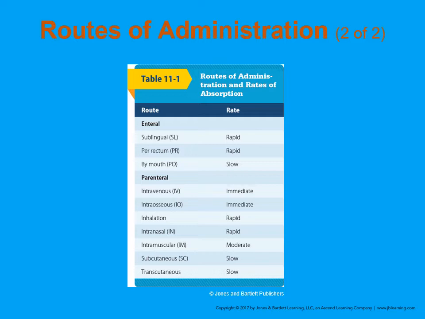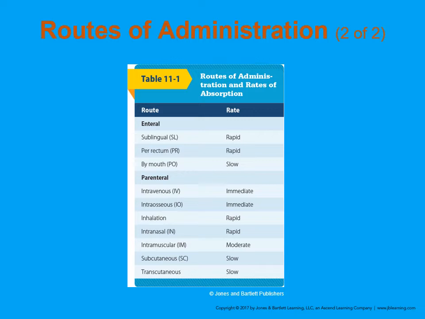Transcutaneous, also known as transdermal, is through the skin. It's applied as a patch to the skin. It has a longer lasting effect than other routes. An example of that would be a nitroglycerin patch or a nicotine patch. Intranasal is a relatively new format for the delivery of medication.